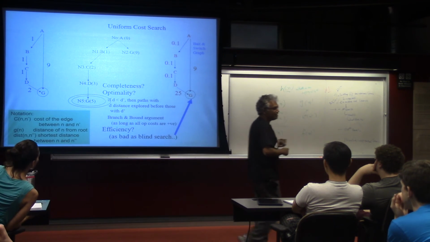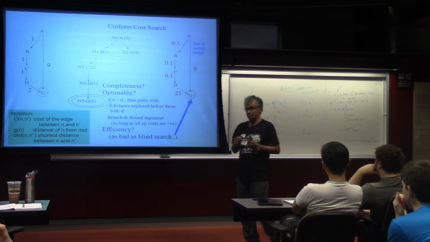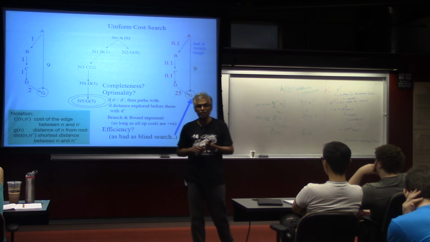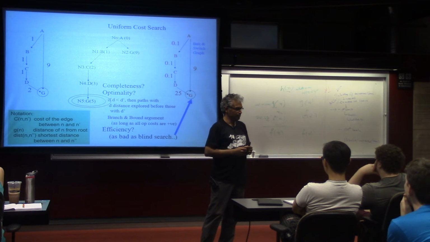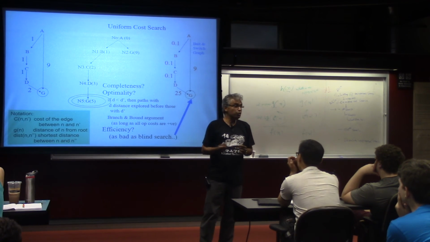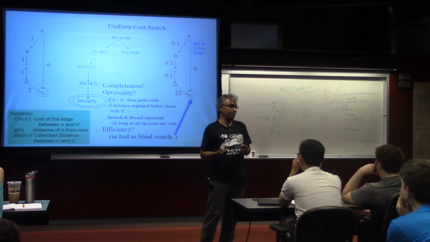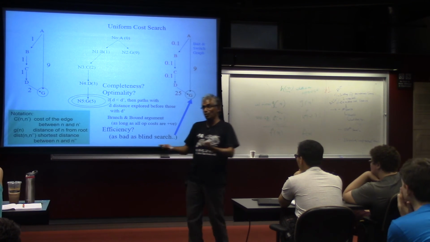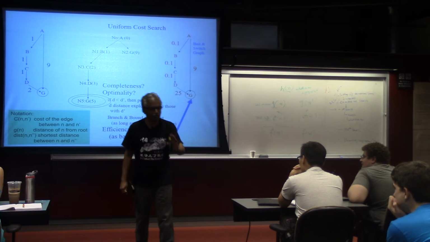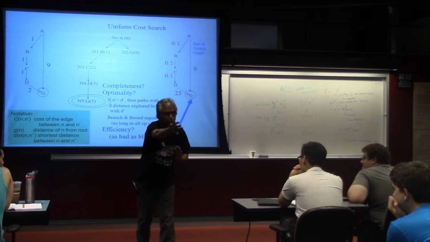Imagine h of n is set to infinity. For every node you think the cost to go from this node is infinitely far. What would you do then? It looks like life is not worth living. Right? Because this node, I've come 9 units long and I have infinite more units to go.